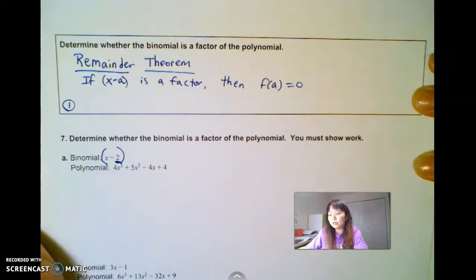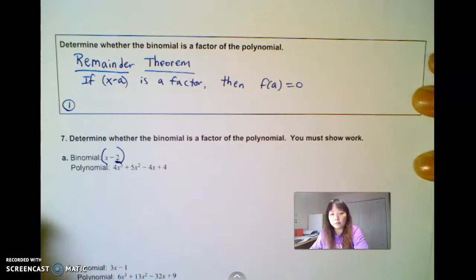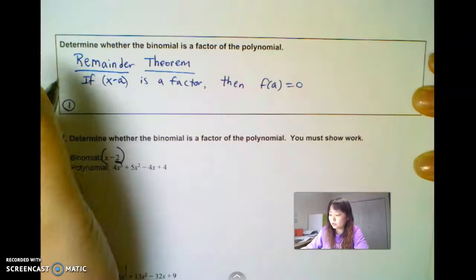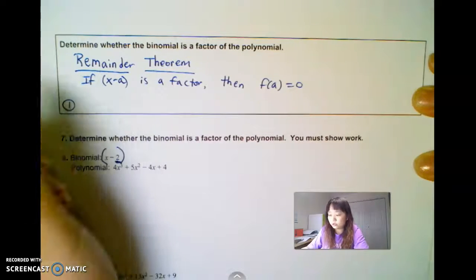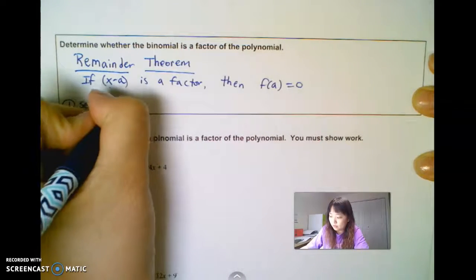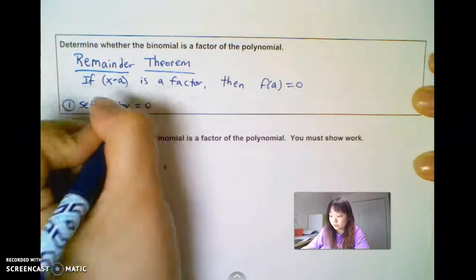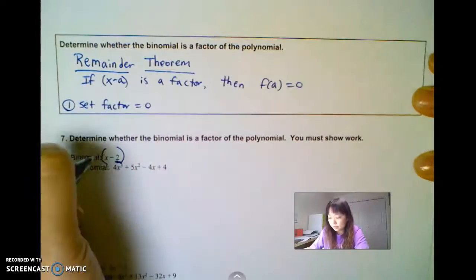Instead of doing synthetic division, because we can also, of course, do synthetic division and see if there's going to be any remainder or not, to just quickly check, we can do it this way. Just like synthetic division, set the factor, which might be a factor or might not be, equal to 0. Then solve it.